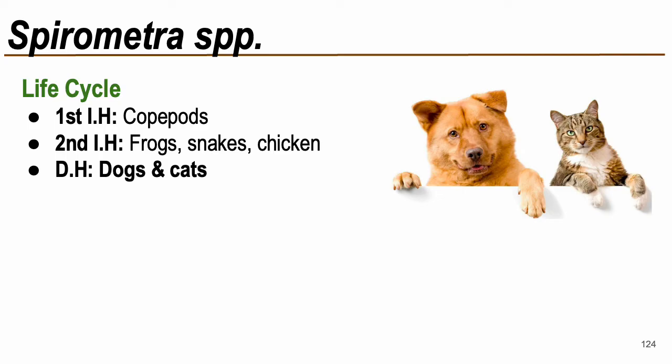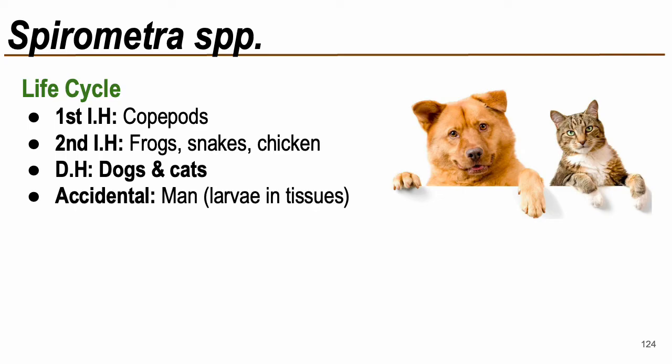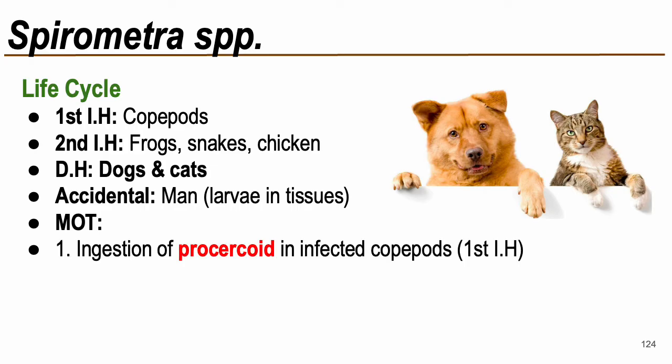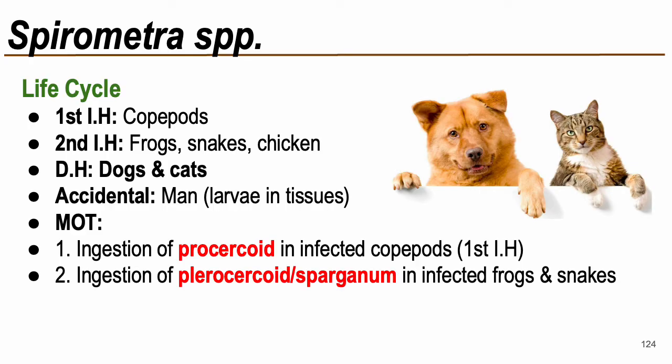While the definitive hosts are dogs and cats, humans can be accidental hosts, where we can acquire the parasite through first, ingestion of the procercoid larva through drinking contaminated water. So here we can acquire the copepods directly, while the second one is through the ingestion of plerocercoid or sparganum larva in infected frogs, snakes, and chicken.